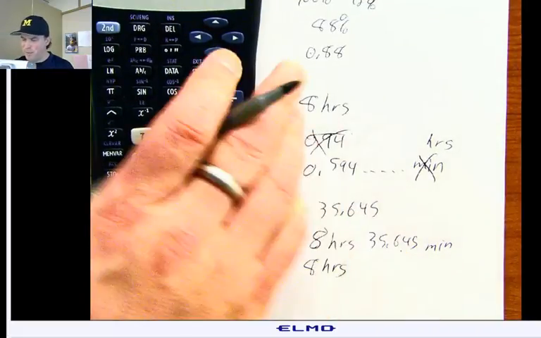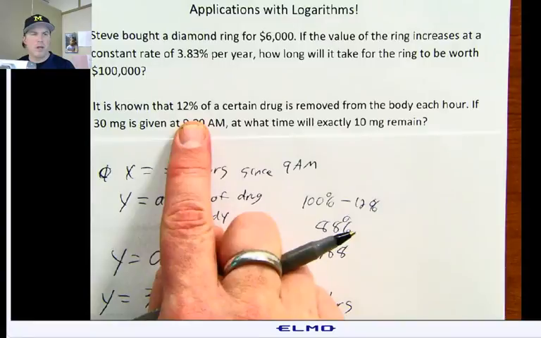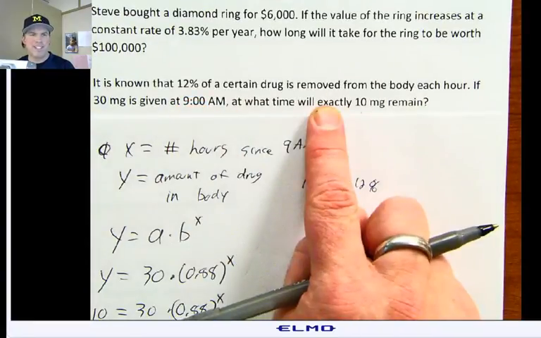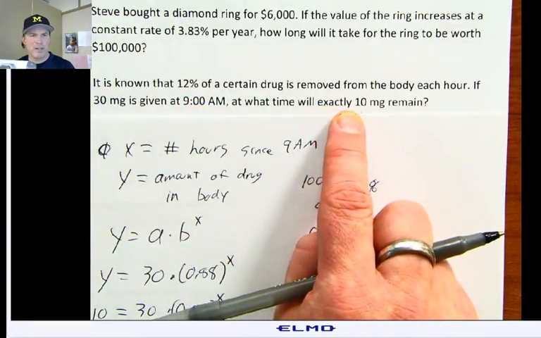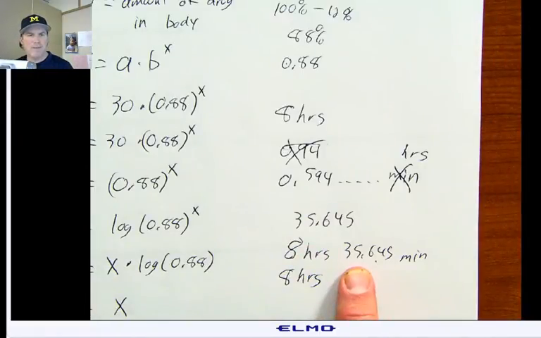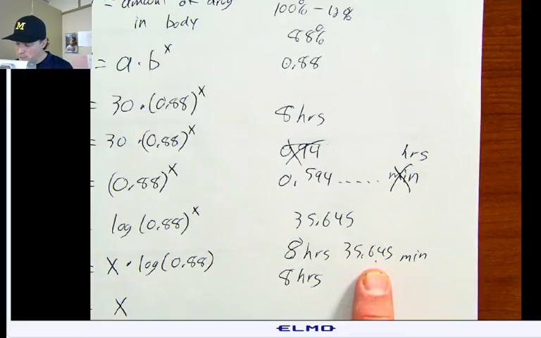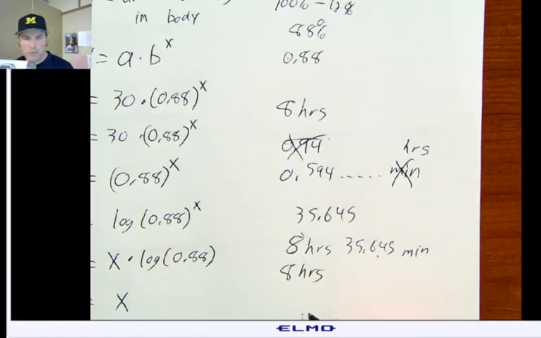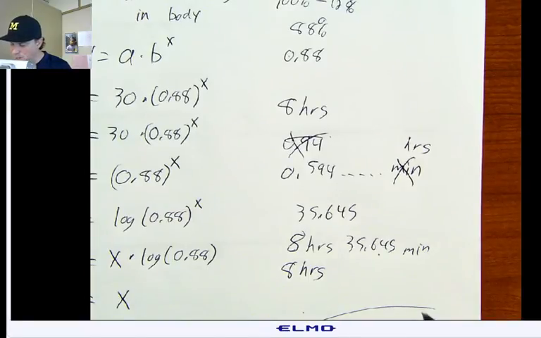So let's think about this. You want to know when exactly 10 milligrams remain. So if it's 8 hours 35, let's think about this. I'm trying to decide if it's 35 or 36 minutes. So let me think about just this raw decimal.